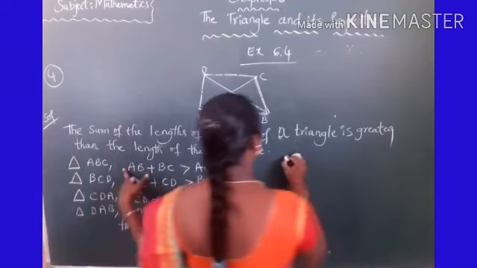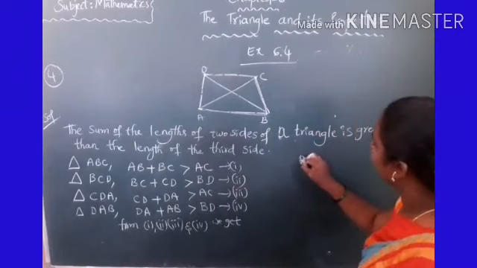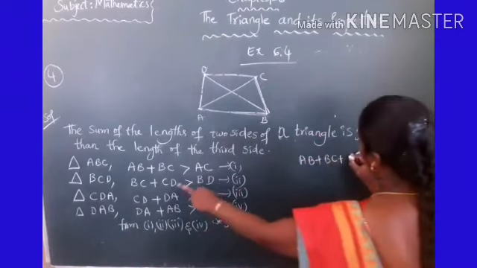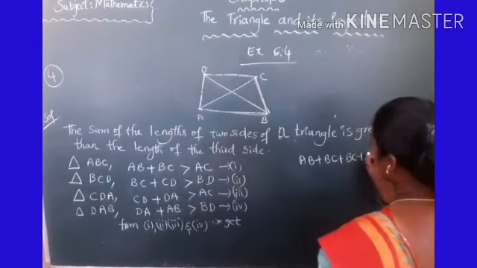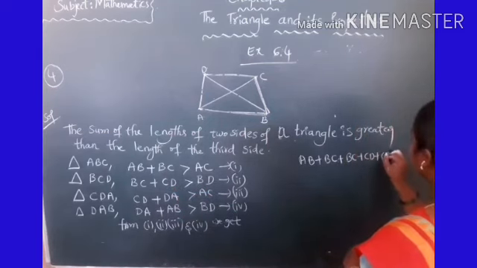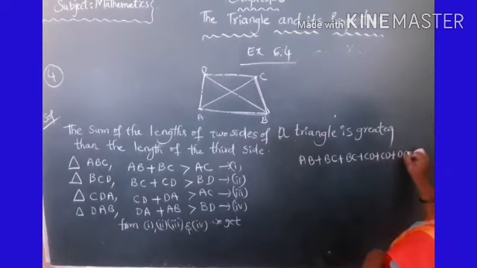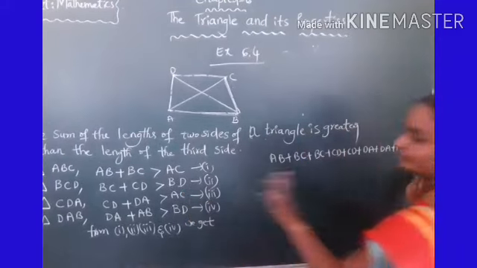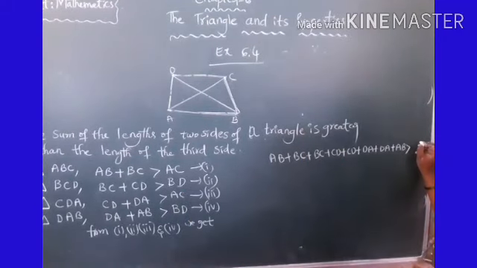AB plus BC plus BC plus CD plus CD plus DA plus DA plus AB is greater than AC plus BD plus AC plus BD.